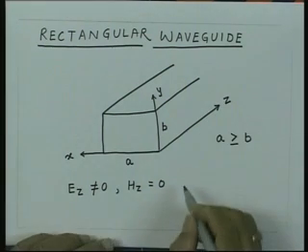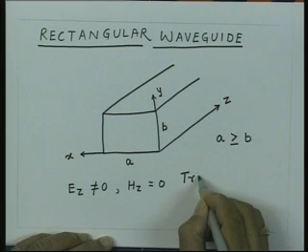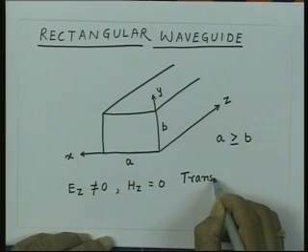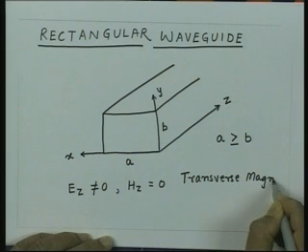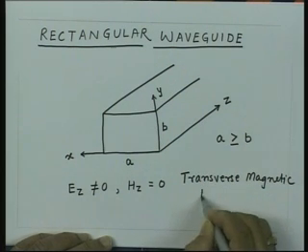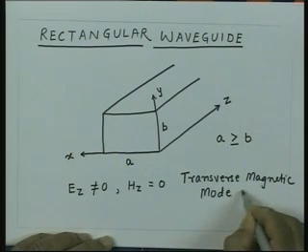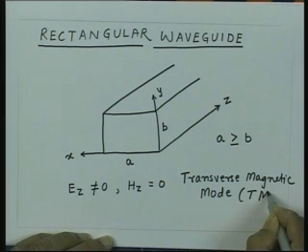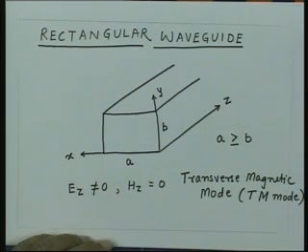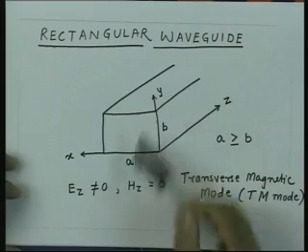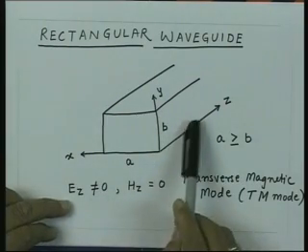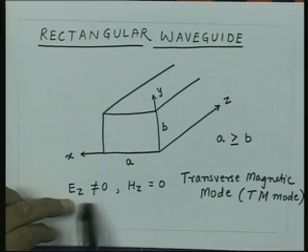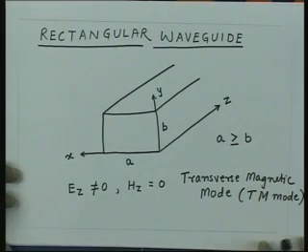So, this mode we can call the transverse magnetic mode, or as we called earlier, in short the TM mode. So, let us investigate now the problem for the transverse magnetic mode, for which the longitudinal component is only Ez and Hz is equal to 0.